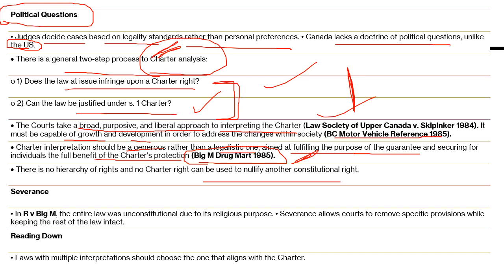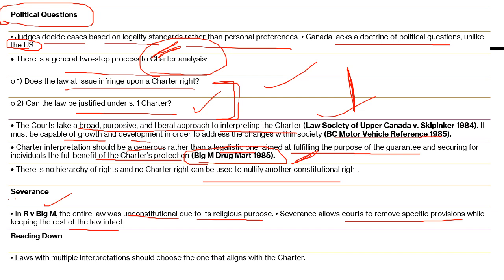Then what are the remedies? What happens whenever some charter issue arises? In R versus B.M., the entire law was unconstitutional due to its religious purpose. Severance allows the court to remove a specific provision while keeping the rest of the law intact.